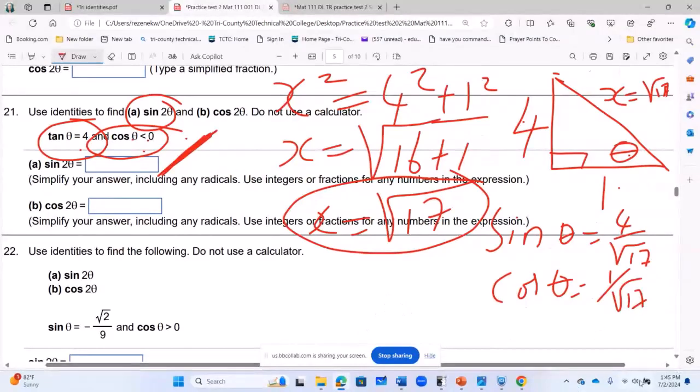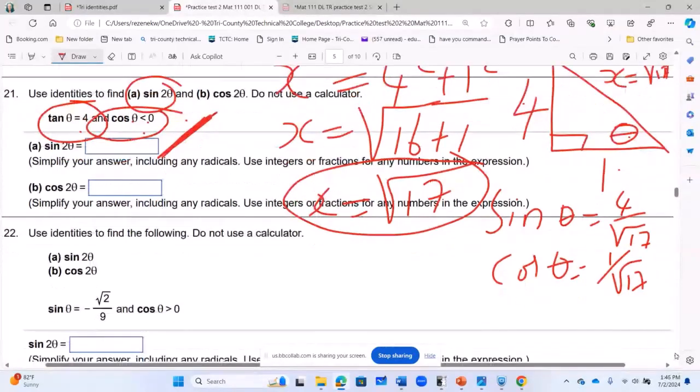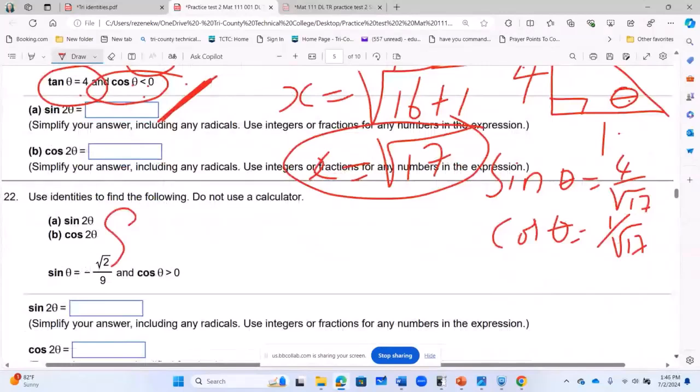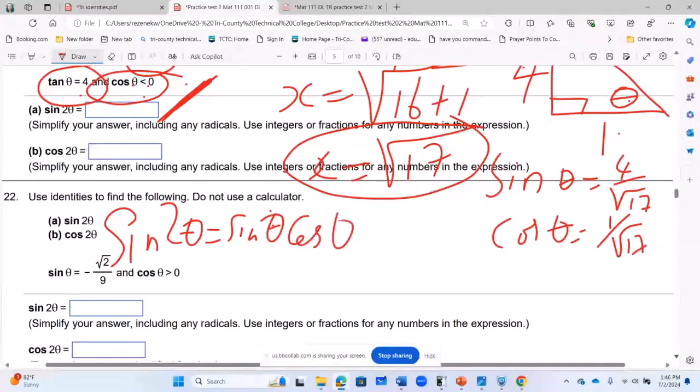So let's find sine 2 theta. Sine 2 theta is equal to sine theta cos theta plus sine theta cos theta, or I can say 2 sine theta cos theta.